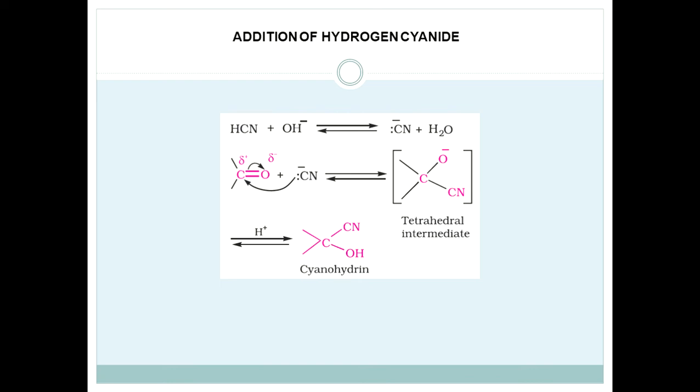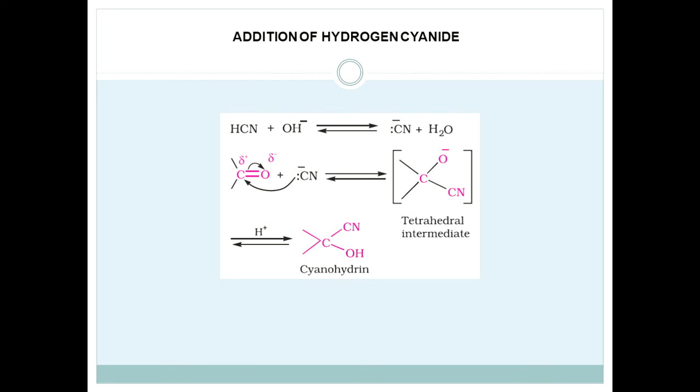Hydrogen cyanide is a highly toxic gas and is never handled directly but is produced in the reaction mixture by treating sodium or potassium cyanide with a mineral acid.